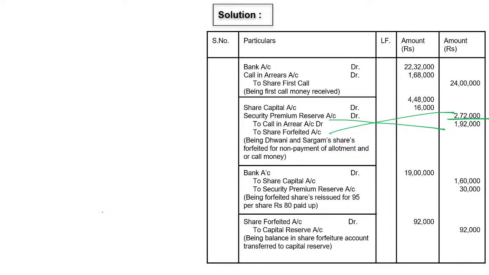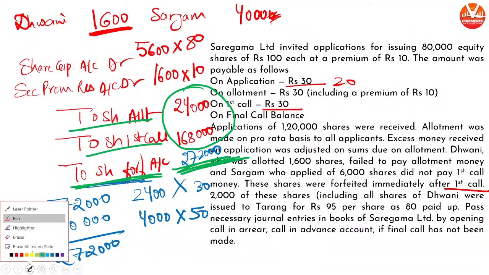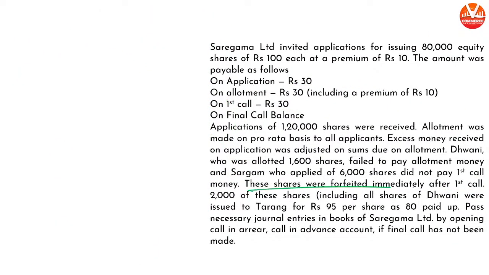Now these shares were reissued. So we have to go back to the question again. These shares were forfeited immediately and 2,000 of these shares, including all the shares of Dhwani, were issued to Tarang at 95 per share as 80 paid up. So 80 rupees a share is issued for 95.